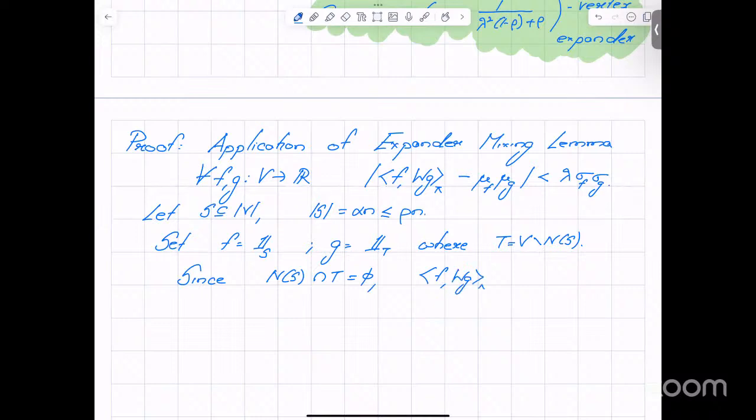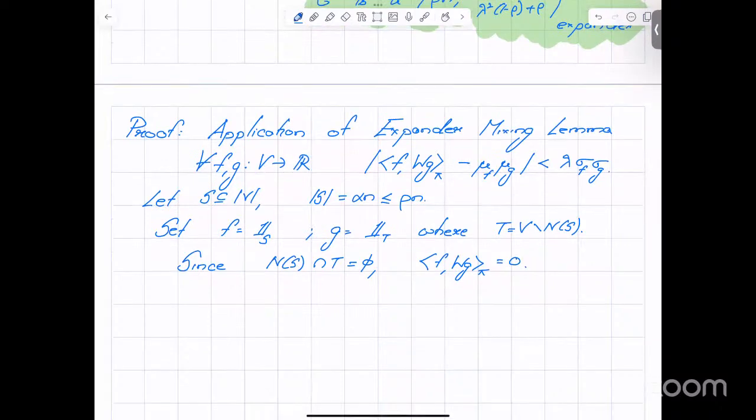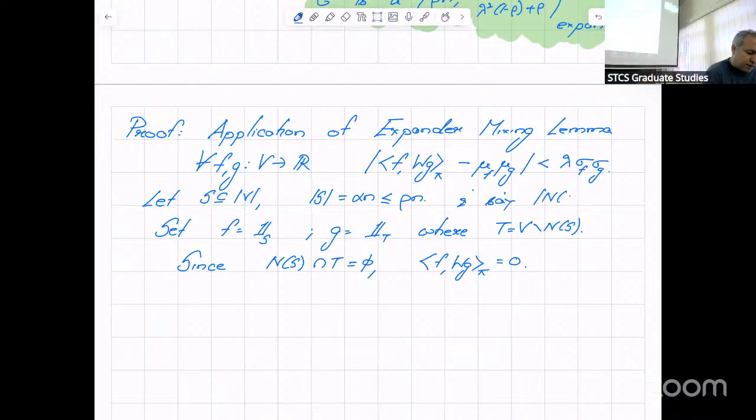So the whole thing is just mu f, mu g, bounded by lambda, sigma f, sigma g. Let's say the size of the neighborhood of S is beta n. We want to put a lower bound on beta.